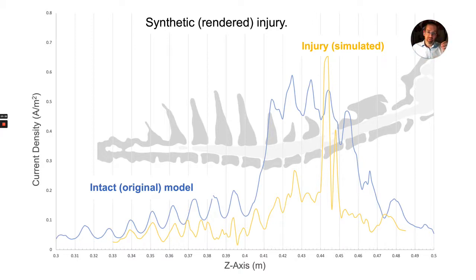In the case of the injured animal, what you're seeing here is that some of that tissue has been removed, and similar to what we saw in a rat, but in a much more amplified way, we're seeing current concentrate around the injury, not just in the injury itself, but in the space around the injury.